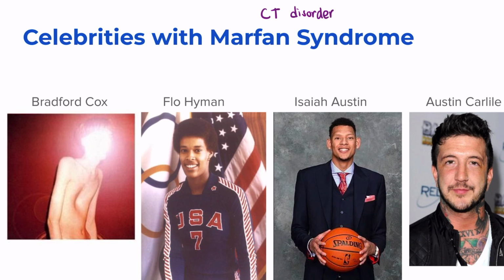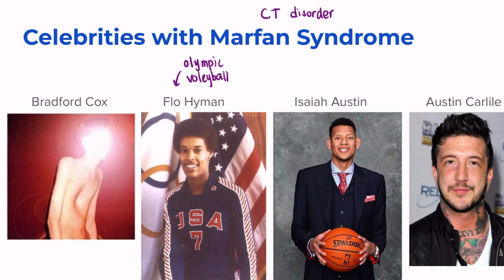Isaiah Austin and Flo Hyman, they are 2 athletes. She was an Olympic athlete in the 80s. She was an Olympic volleyball player. Isaiah Austin, I think he's still on the U.S. World Basketball Team. Austin Carlisle and Bradford Cox, they are musicians.